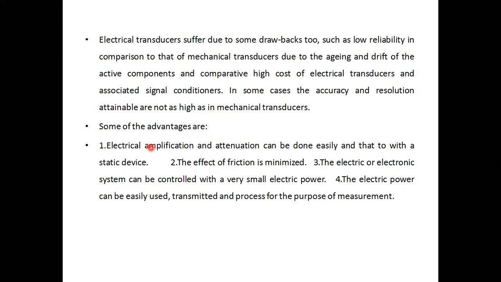So electrical amplification and attenuation can be done very easily with a static device, and the effects of friction are minimized because there are no moving parts inside the electrical transducer. So friction is greatly minimized, and electric and electronic systems are controlled by a small electrical power.